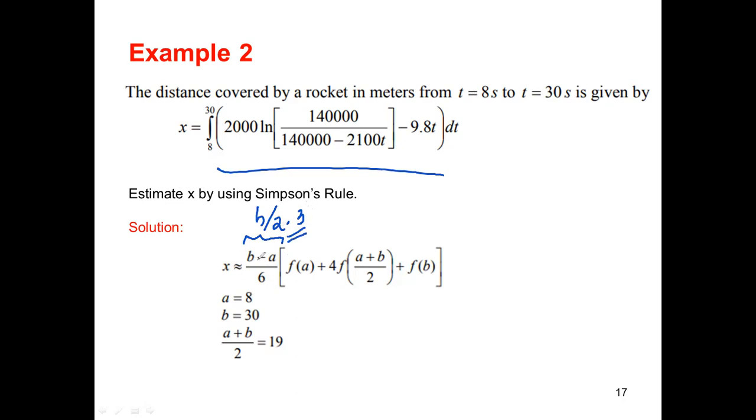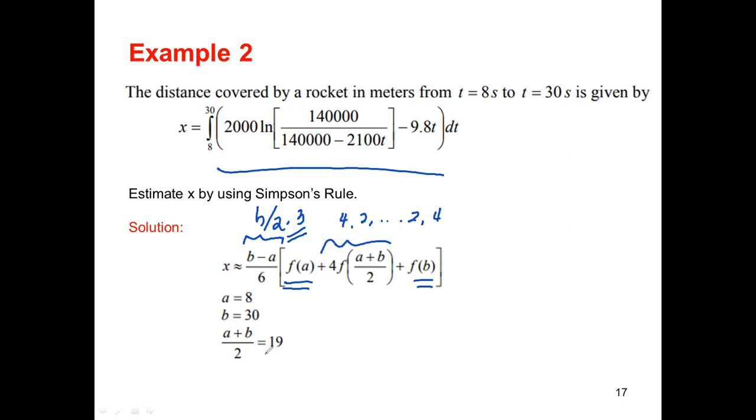So that gives you a 6 here. You have f of a plus 4 times the function of a plus b over 2 plus function of b. This is for the lower limit, and this is for the upper limit. And these are for the functions which will alternate by 4 to 2. You should have a 4 ending.